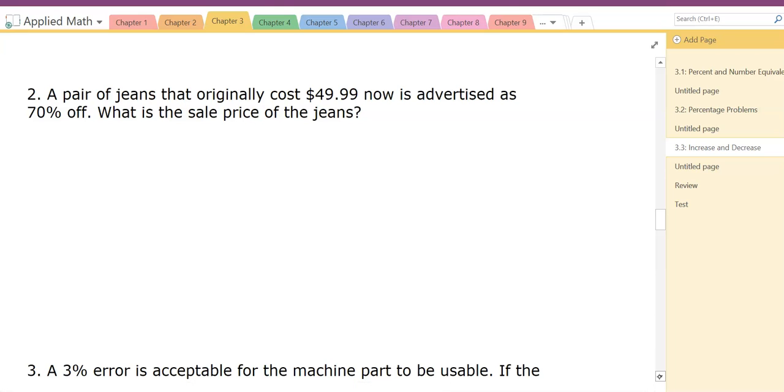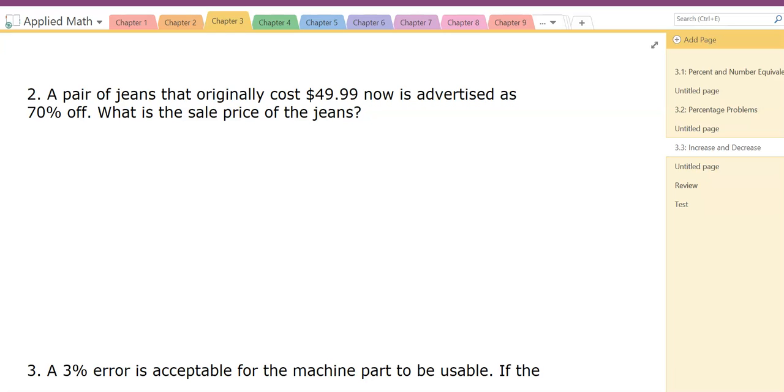I want you guys to find the sale price. $14.99. You say 15? If you round up, it'd be 15.